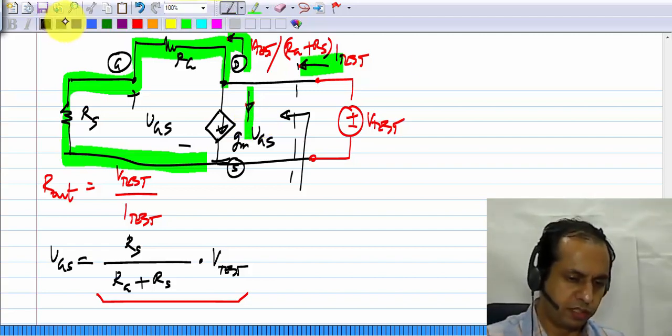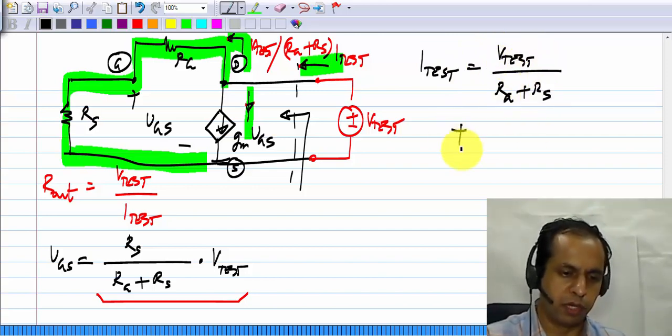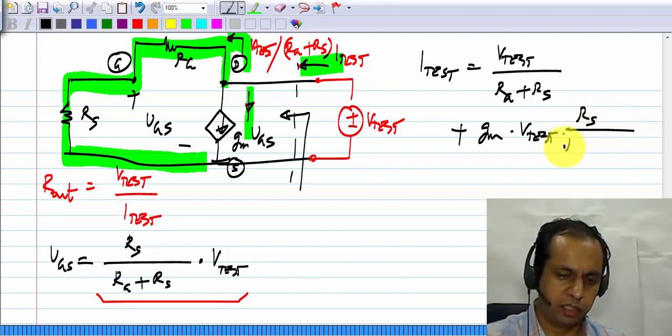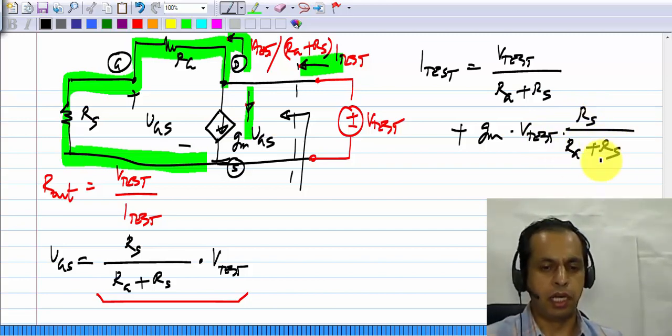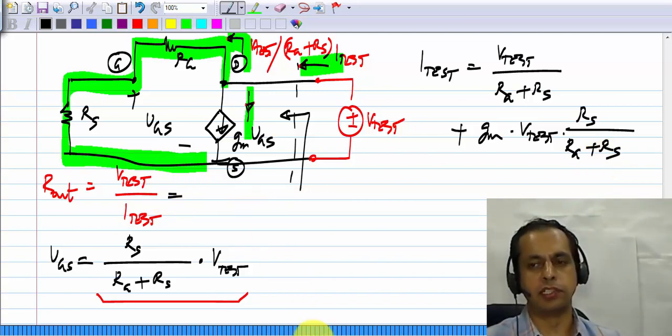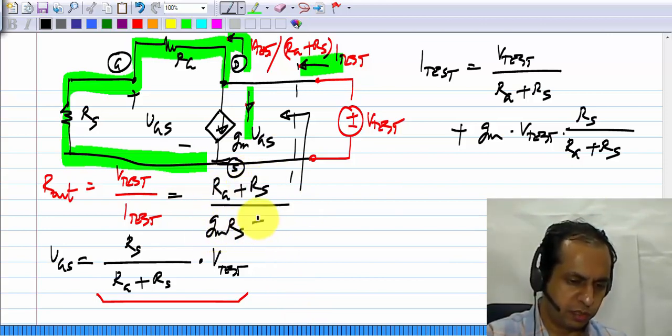So we find that I test equals V test divided by RG plus RS plus gm V test RS by RG plus RS. And by solving for this ratio, we find that the output resistance is nothing but RG plus RS divided by gm RS plus 1.